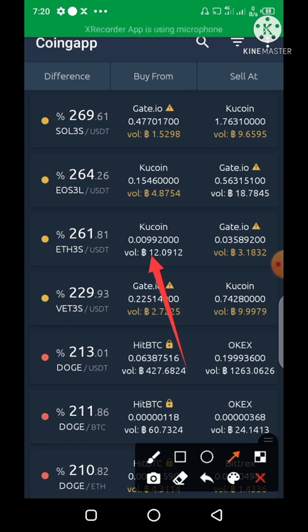When you buy Ethereum from KuCoin and transfer the Ethereum to Gate.io, you will make a profit of 261%.